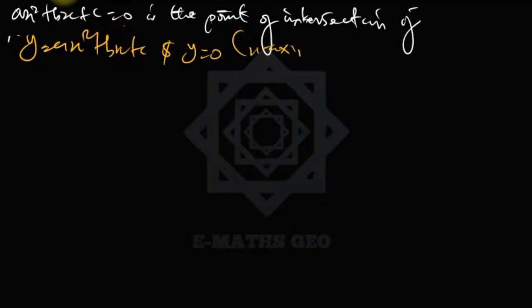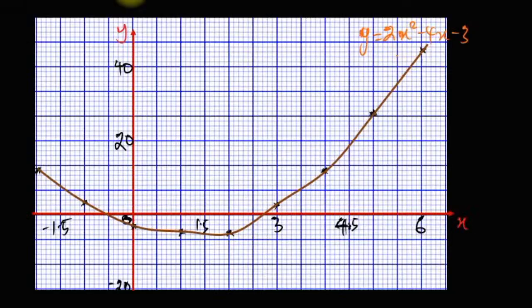So go to the graph. The question is telling us go to the graph, wherever, so another name for x-axis is y equal to 0. This is y. So where did they intersect? So the answer is this point.